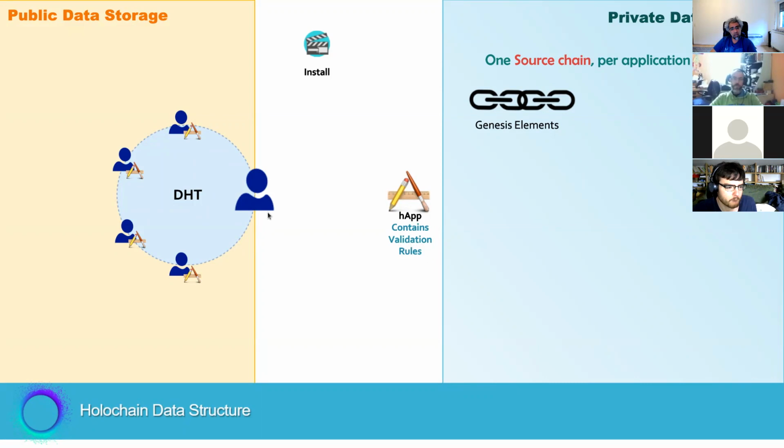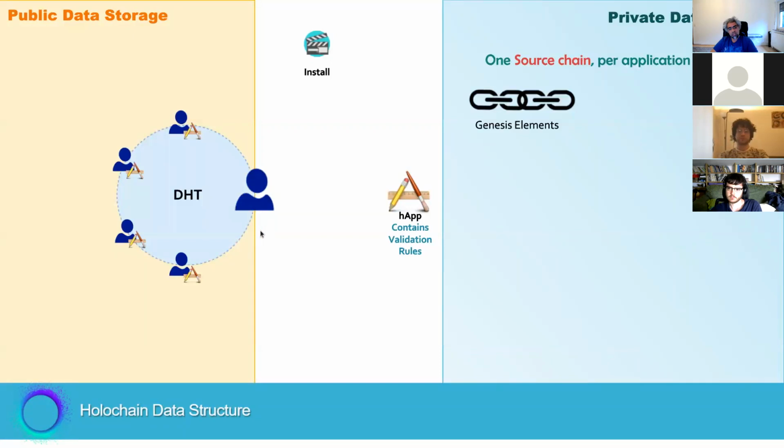So as soon as you are on the same network with the same application, you are going to hold a DHT, a distributed hash table. The part of the data held by this group using the DHT we call public data storage. It means it is data that can be queried and accessed by all the other people inside your network.